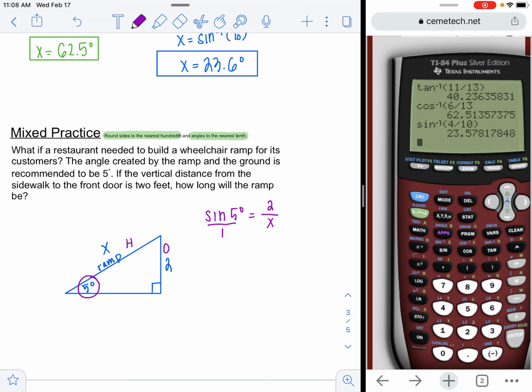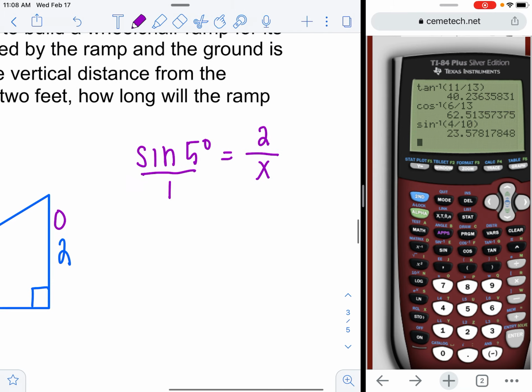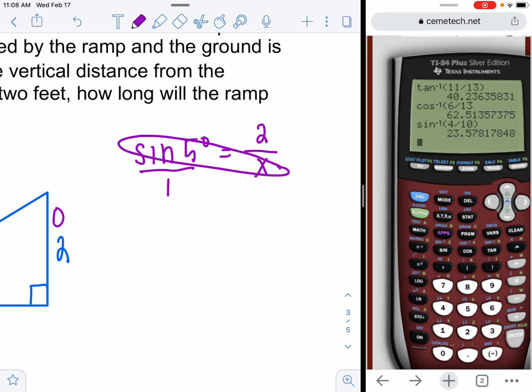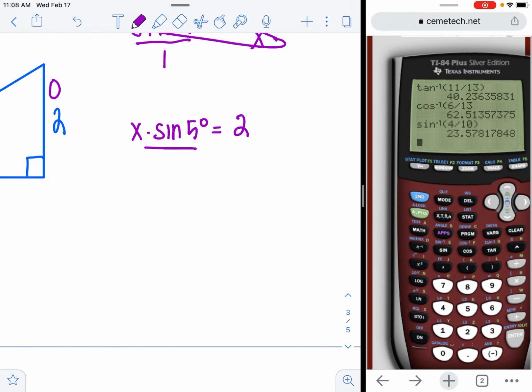Now, are you solving for an angle, so I should use inverse, or are you solving for a side? If you're solving for a side, sides we cross multiply. Put this over 1. X times the sine of 5 is equal to 2. Divide both sides by the sine of 5.